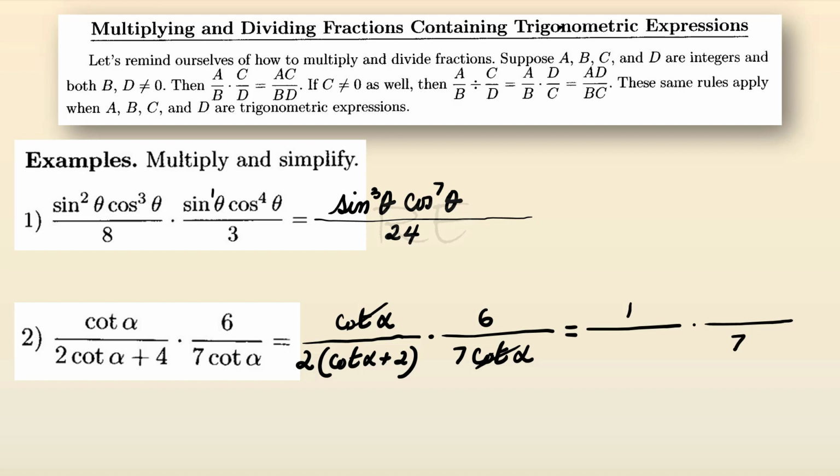We're left with 1 and 7. 2 goes into itself once. So we have 1 cotangent alpha plus 2. And 2 goes into 6 3 times. Now we can multiply them. 3 times 1 is 3, and 7 times 1 is 7, cotangent alpha plus 2.